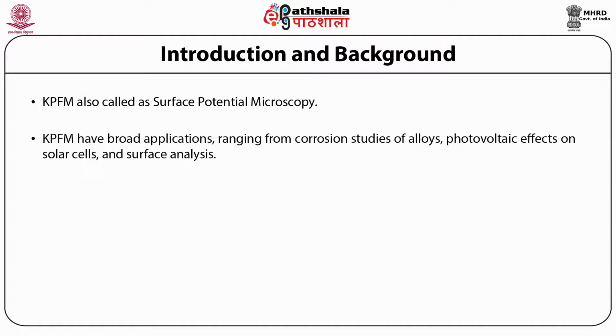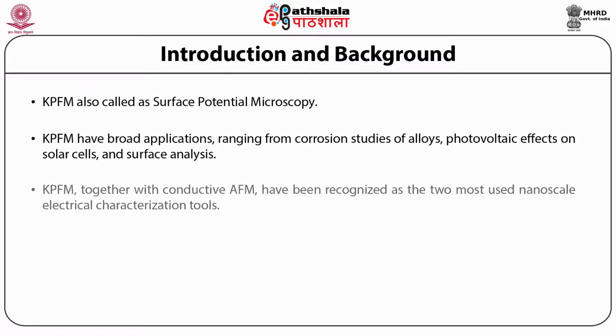KPFM has broad applications ranging from corrosion studies of alloys, photovoltaic effects on solar cells, and surface analysis. This, together with conductive AFM, has been recognized as one of the two most used nanoscale electrical characterization tools.